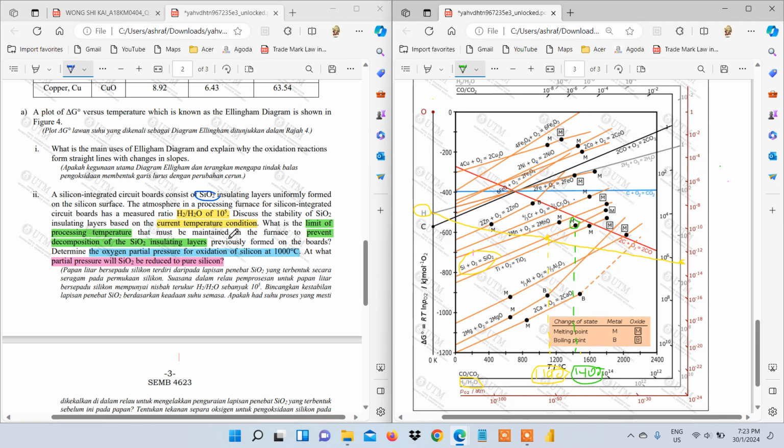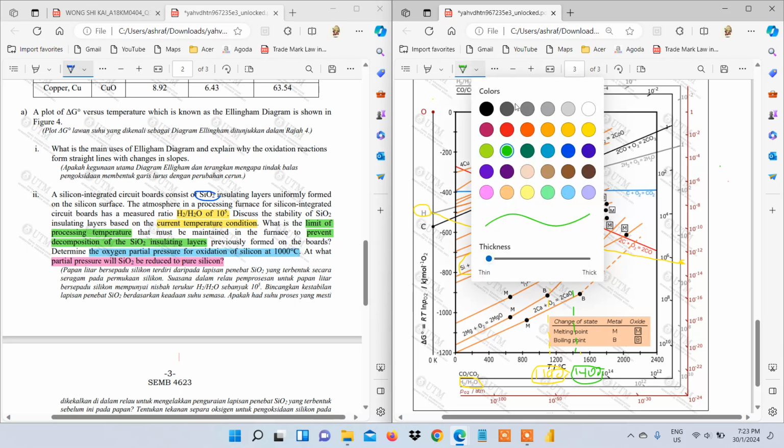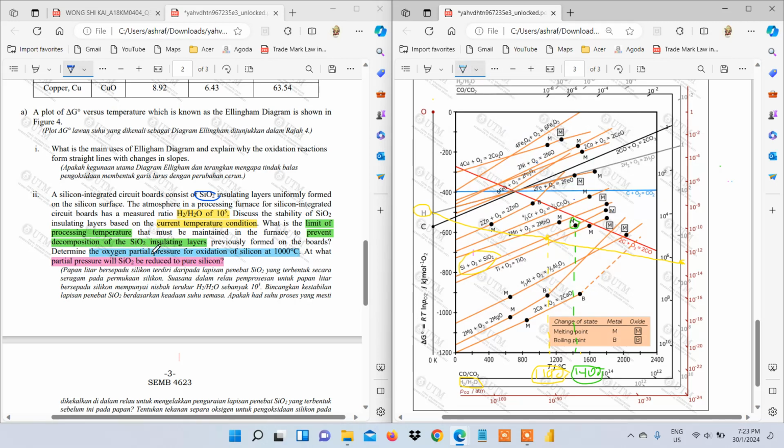And then the third question is the blue color: the oxygen partial pressure for oxidation at 1000 degrees Celsius. We find first the 1000 degrees Celsius temperature, which is right here, this part.